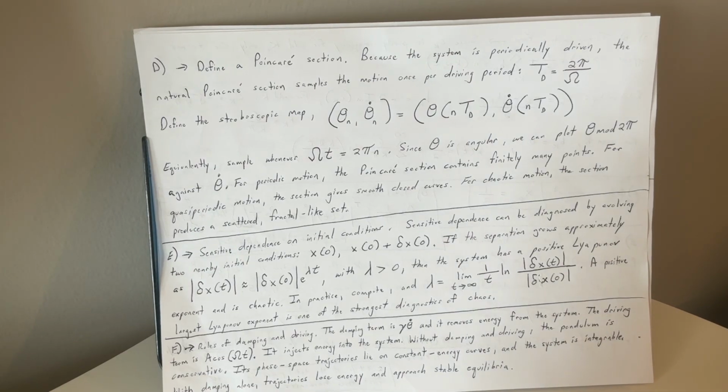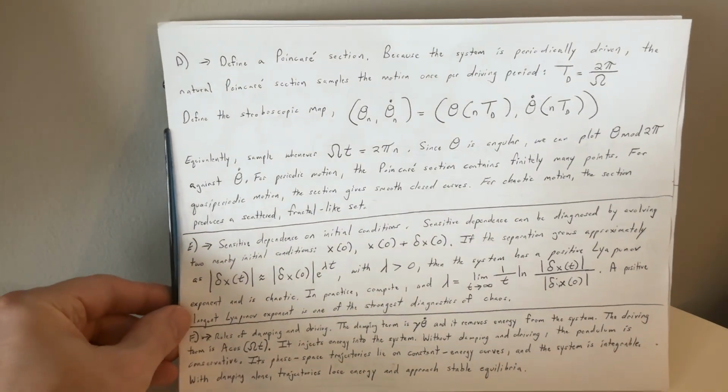Sorry about that, not enough coffee. Those are deltas, and my apologies for the poorly constructed deltas. And we can add that a positive largest Lyapunov exponent is one of the strongest diagnostics of chaos.